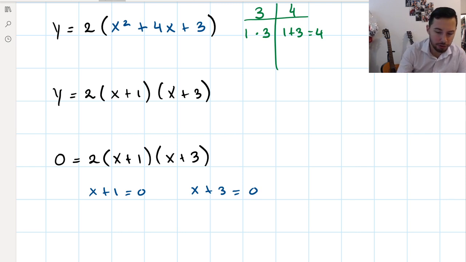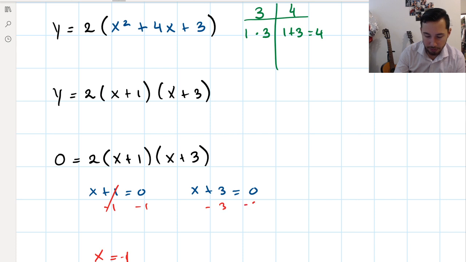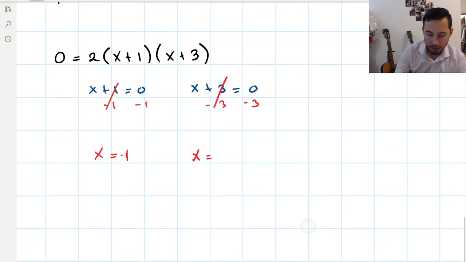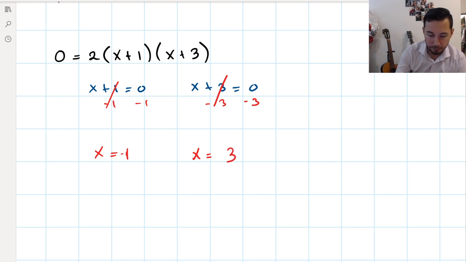Now, this is just a BOD. It's a one-step equation. So this is going to be minus 1, and this will be x is equal to negative 1. And this over here is minus 3. This cancels, and this is x equals negative 3.